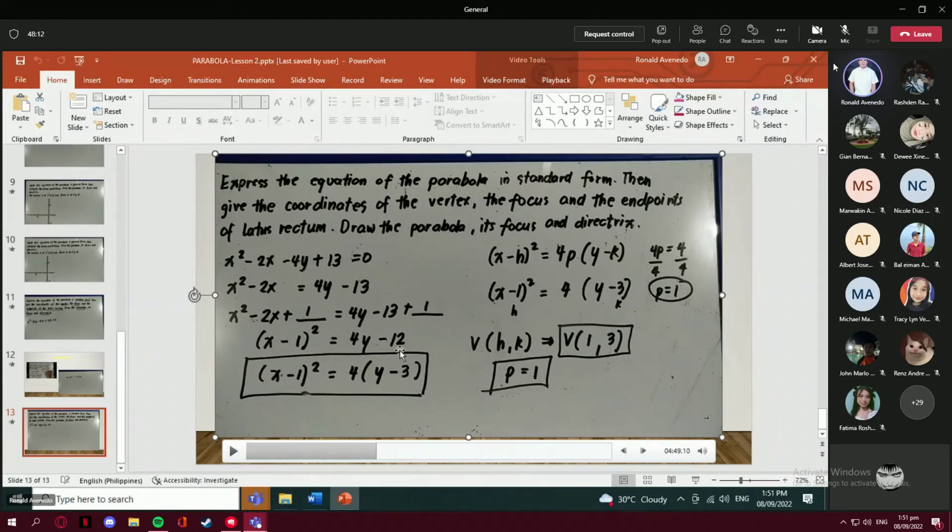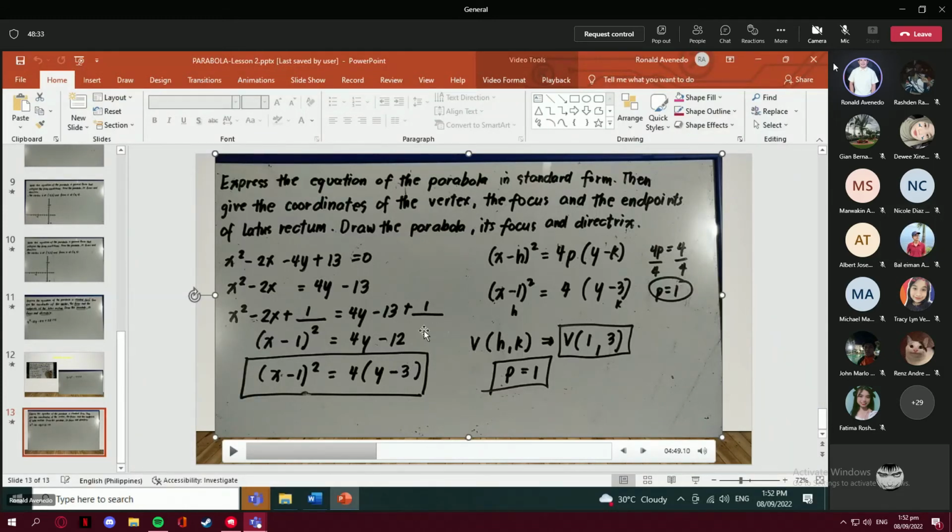Did you understand? Yes, sir. Okay, sige, screenshot ito. So by just looking at the equation, our graph is what? Is it open upward? Open up.